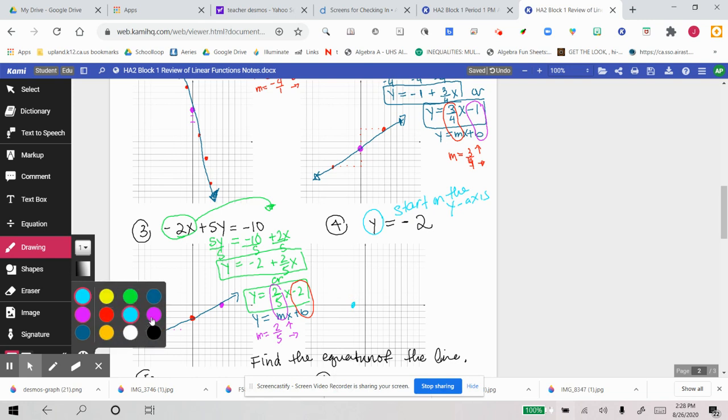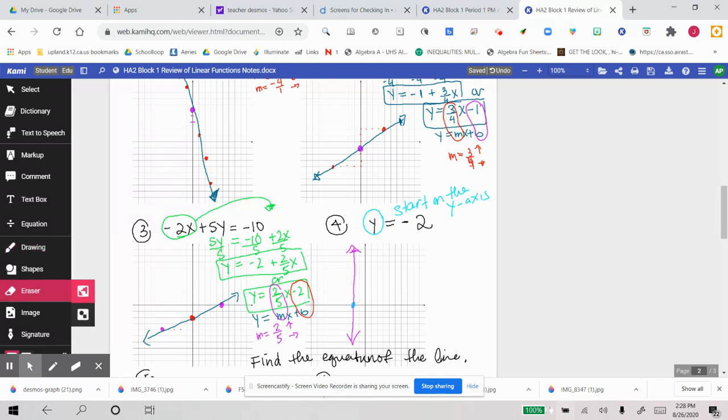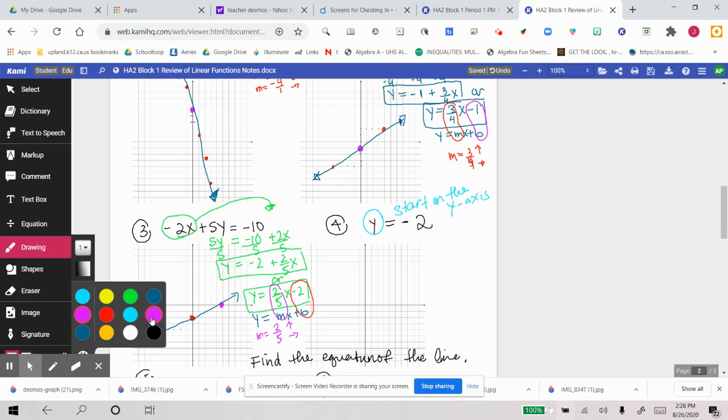And we're going to karate chop through the y-axis. Oops, that's not through the y-axis. Very common mistake. Let me go back and do that again. So we need to start on the y-axis. So here is negative 2 on the y-axis, and we want to go through the y-axis.